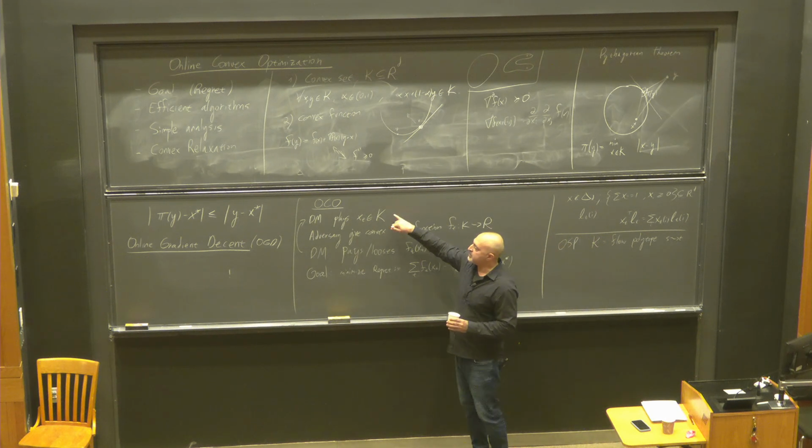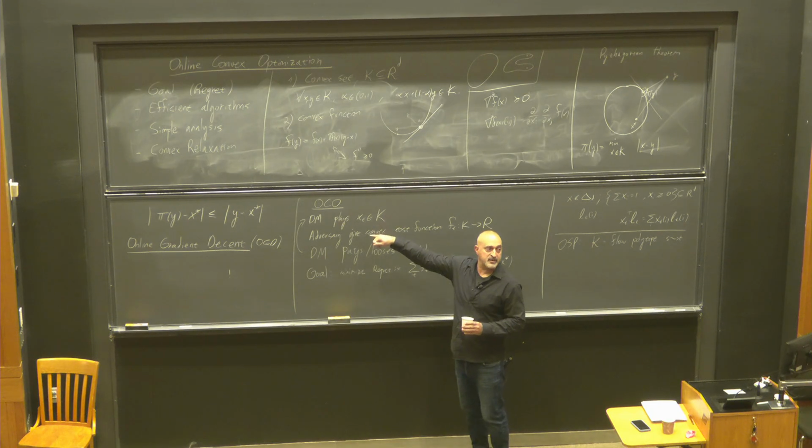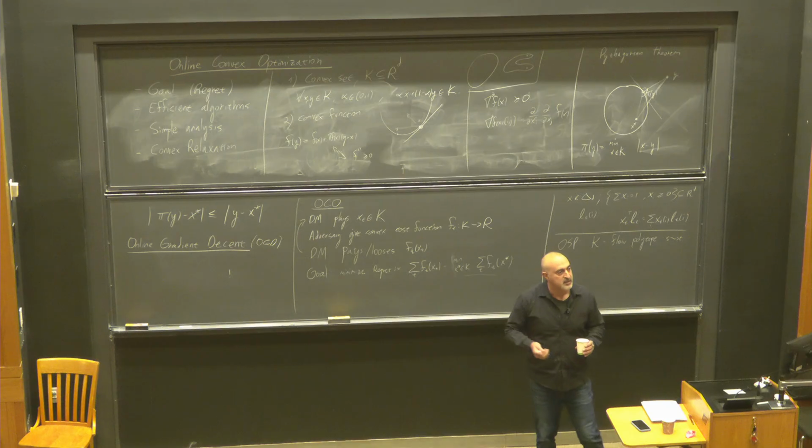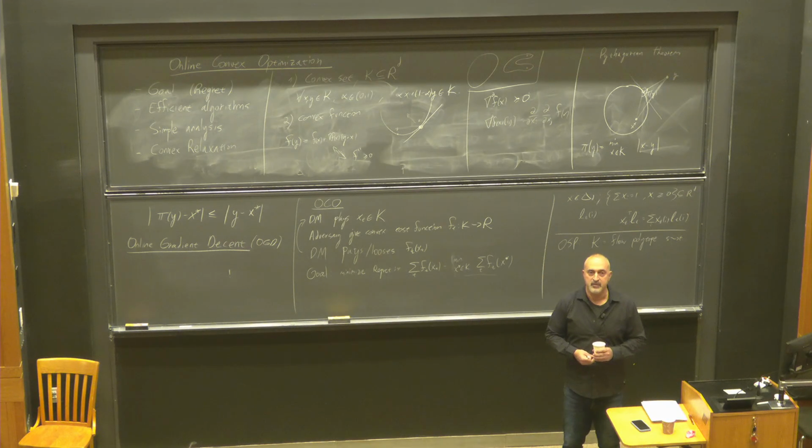When the decision maker plays, she is able to randomize amongst a different set of decisions. The adversary is not allowed to see the outcome of her random choices. He can see her distribution, that's fine, but not the outcome. And then there is a loss and so on. So that is the extension. I'm not going to write it down very formally, but I hope that's enough. More questions?